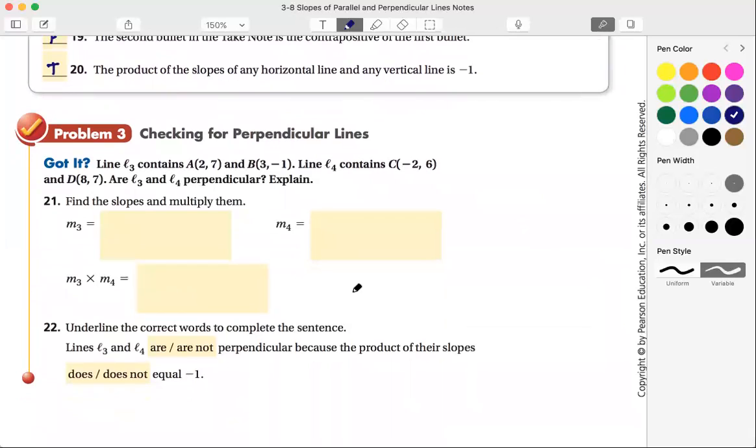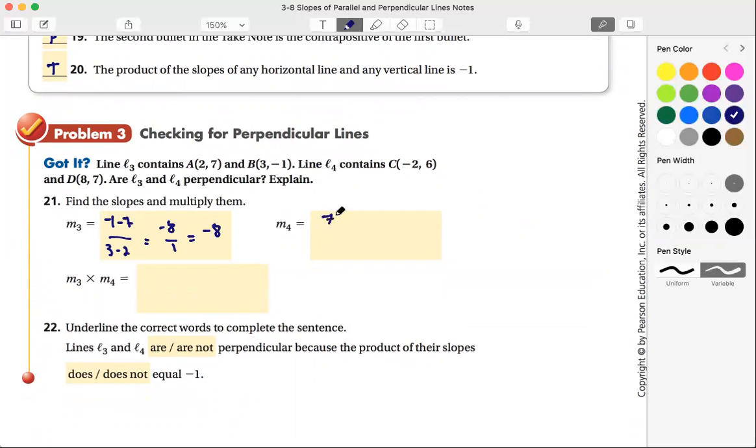All right. So are these lines perpendicular? Well, let's find the slopes. For M3, we have negative 1 minus 7 over 3 minus 2 equals negative 8 over 1, which equals negative 8.